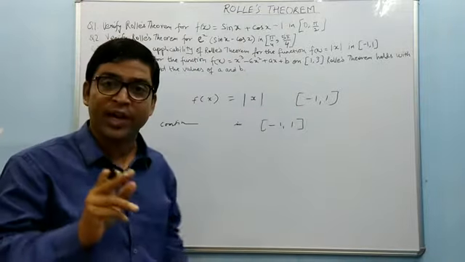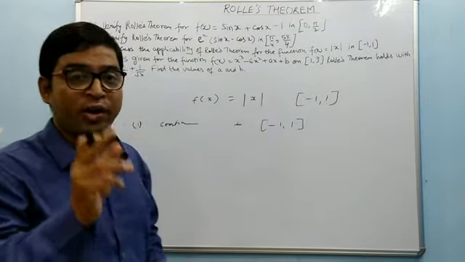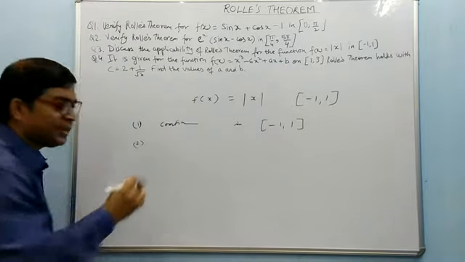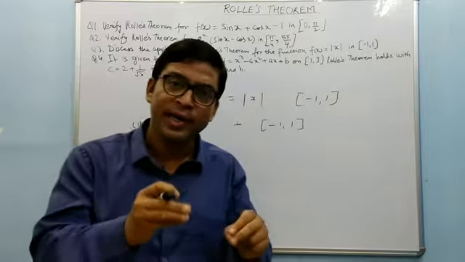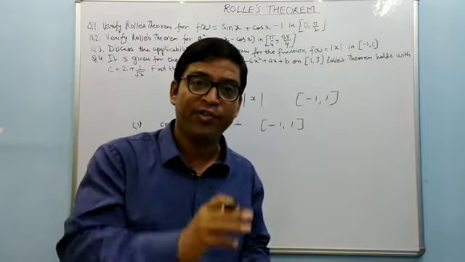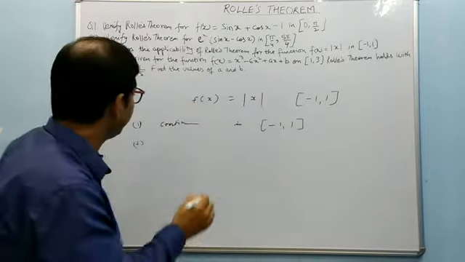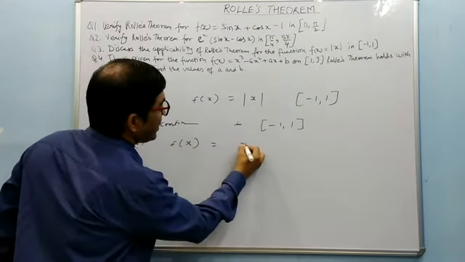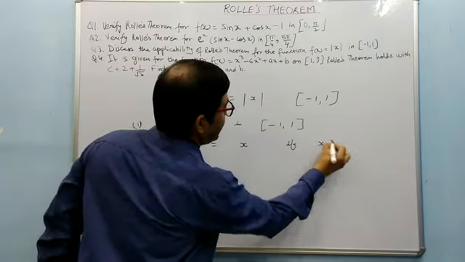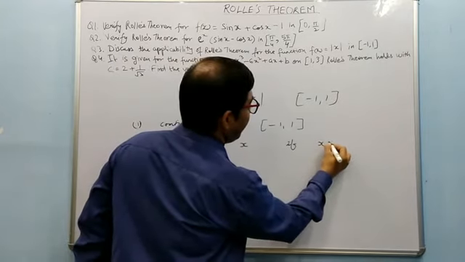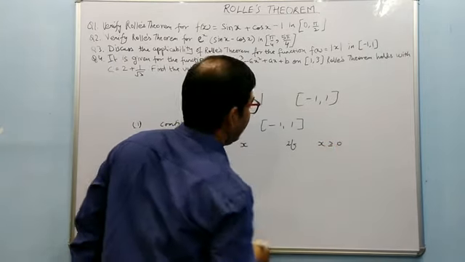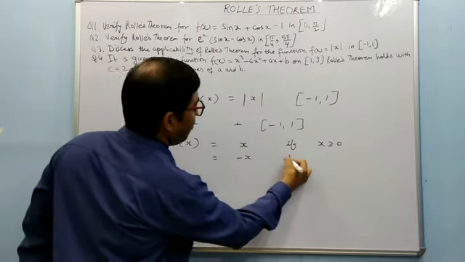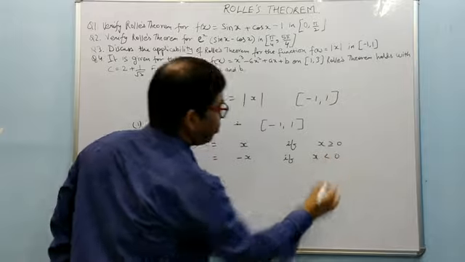Now we have to check whether it is differentiable or not. So we have to break this function into its subparts, taking the definition of mod into consideration. So f(x) is coming out to be x if x is greater than or equal to 0, and it will be -x if x is less than 0.